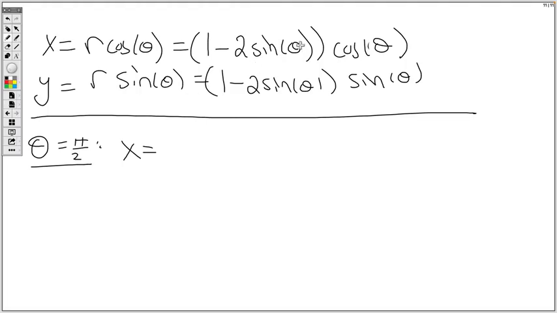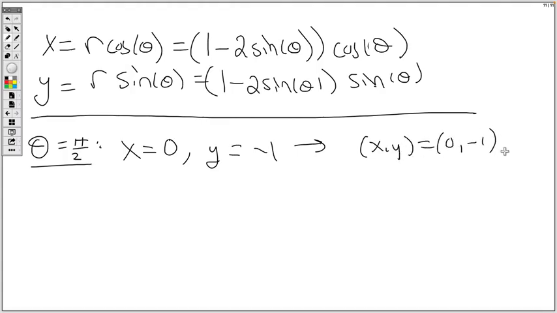You get the cosine of pi over 2, which is 0. 0 times anything is 0. Now you put the pi over 2 into the other factor. The sine of pi over 2 is 1. 1 minus 2 is negative 1. So 0, negative 1. This is an xy point, so when we graph it on the xy plane, this is one point where we expect to have a horizontal tangent line.